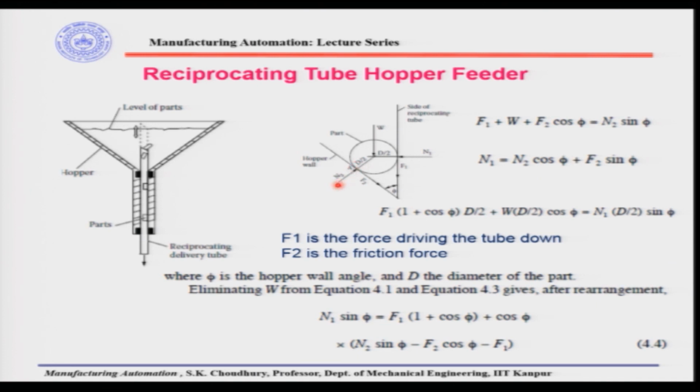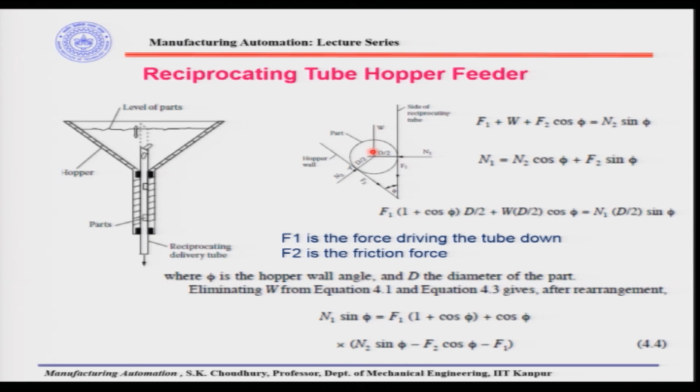N2 is the normal force, because of that we have F2 which is the friction force. F1 is that force which is required to drive the reciprocating tube, okay, through the mass of the parts. Then W is the weight of the part, okay.